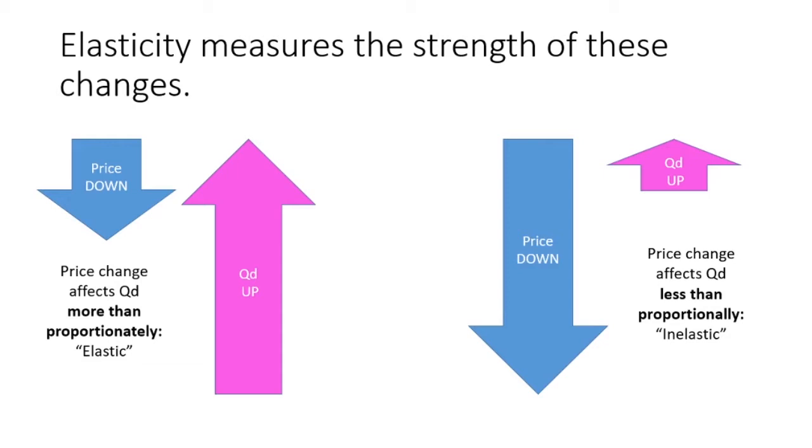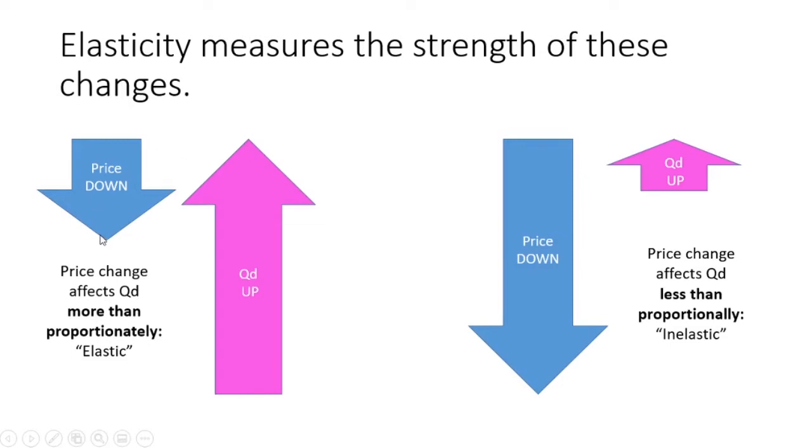So we know that for price elasticity of demand, with a downward sloping demand curve, it will always be negative. But what we're interested in is if we change the price a little bit, if the price goes down a little bit, how much does the quantity demanded change? And this one here on the left, the price change affects quantity demanded more than proportionally.